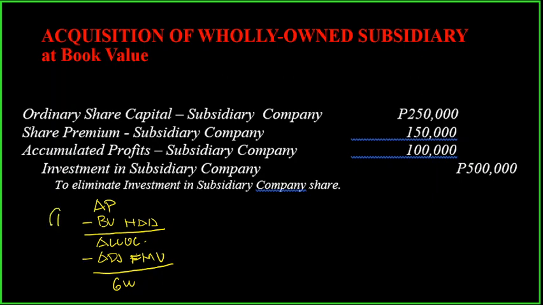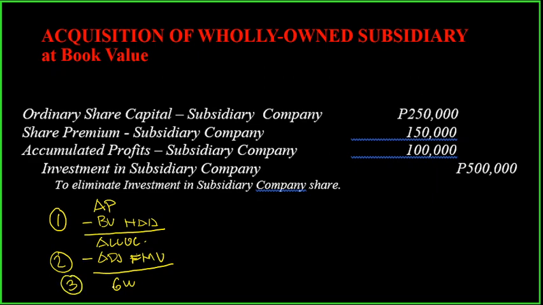This is actually the first elimination entry. If your book value is not equal to your fair market values, you will have the same or the second elimination entry. And you have the third elimination entry, and that is to record the goodwill.